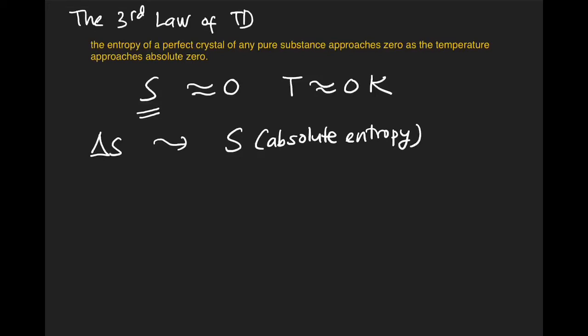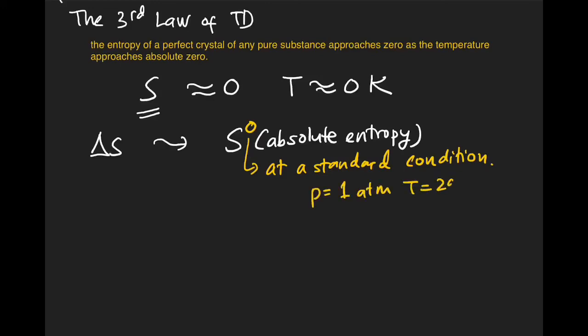And often the data is measured at the standard condition, so we also often see that this is written with the degree symbol in it to denote that it is measured at a standard condition. And don't forget, the standard conditions is the pressure being 1 atm and the temperature being 298 Kelvin.